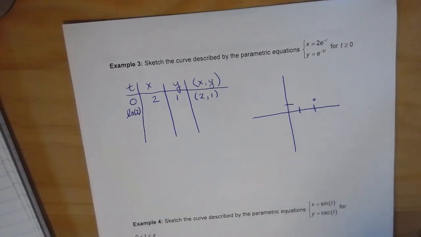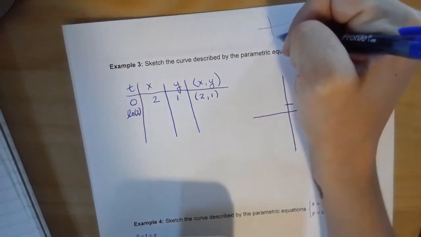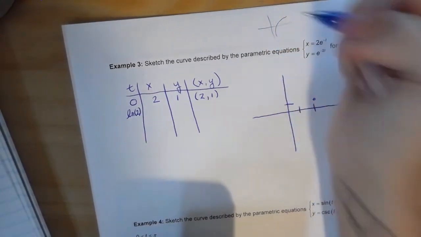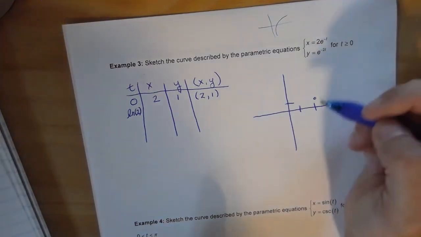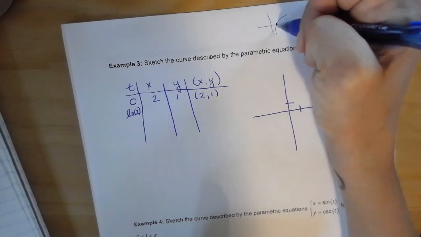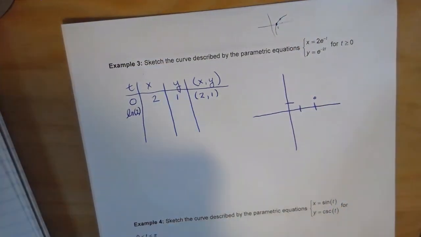Okay. Now, if you remember an ln graph, okay, an ln graph does this. Right, so we want to think about where that spot's going to be, okay? So ln of 2, because this is 1 right here, ln of 2 is right over here, okay?